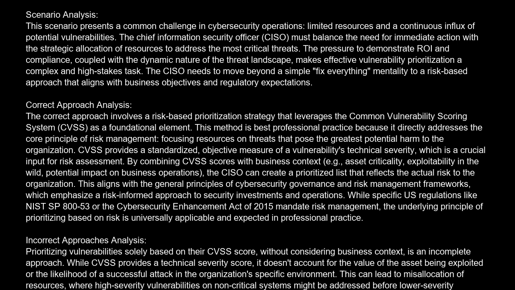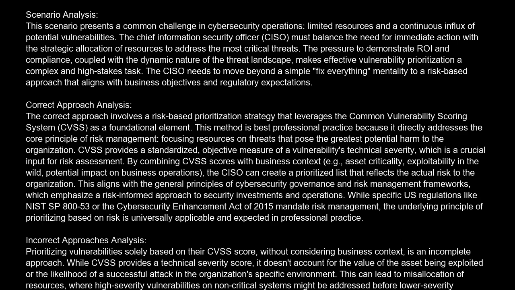Incorrect approaches analysis. Prioritizing vulnerabilities solely based on their CVSS score, without considering business context, is an incomplete approach. While CVSS provides a technical severity score, it doesn't account for the value of the asset being exploited or the likelihood of a successful attack in the organization's specific environment.